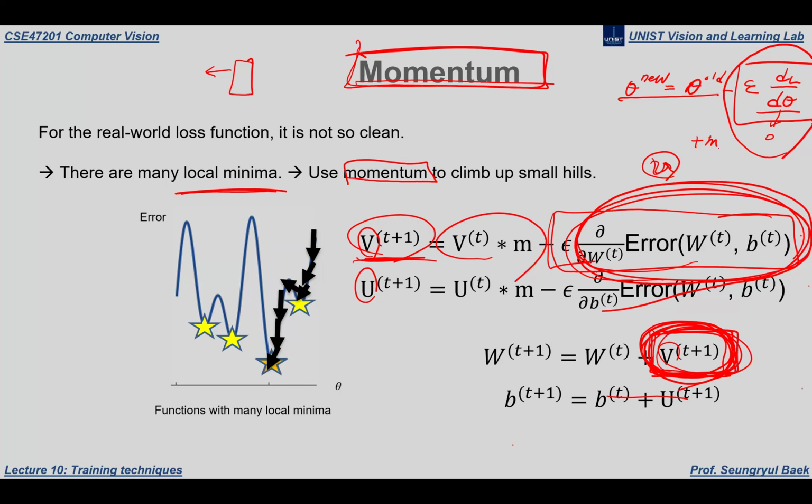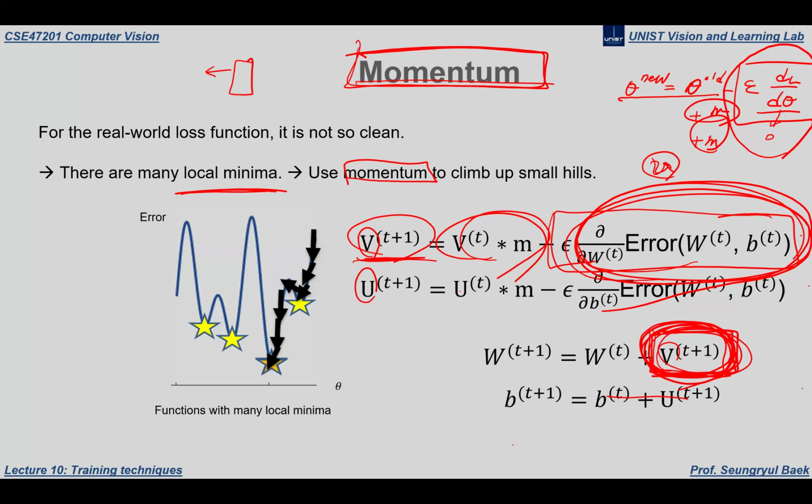But thanks to this M, let's say this term is M, momentum, they are accumulating the previous gradient with some ratio. Thanks to this, they are retaining their velocity, and as a result, they can escape from the local minima.